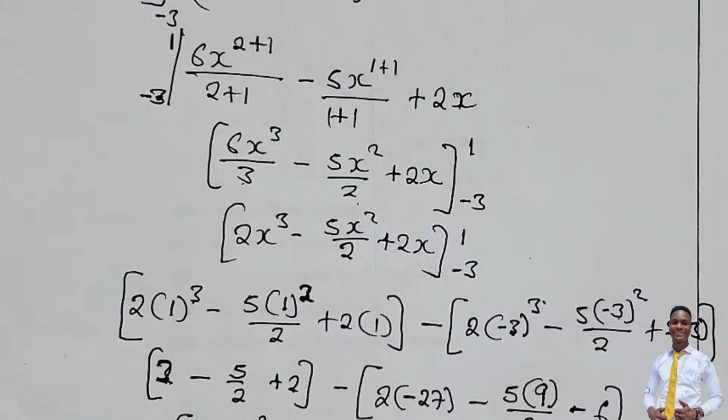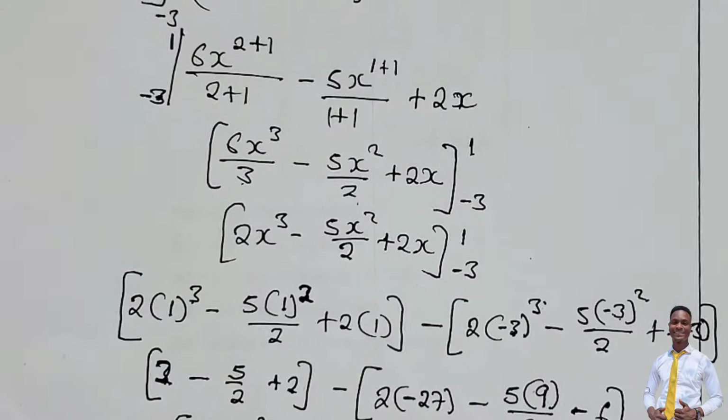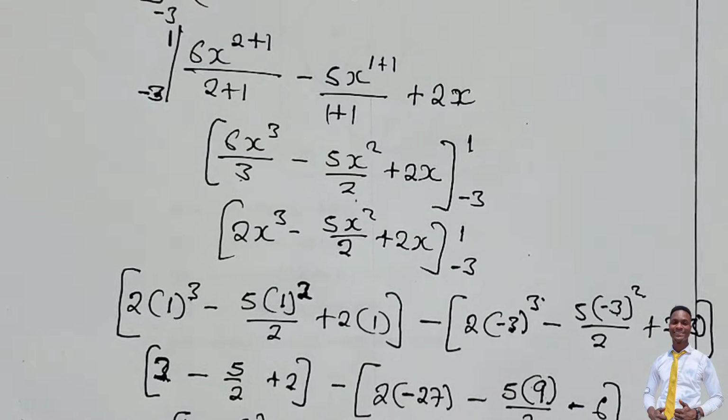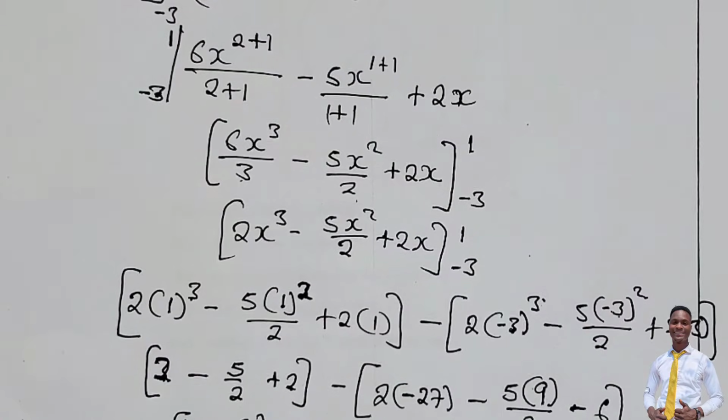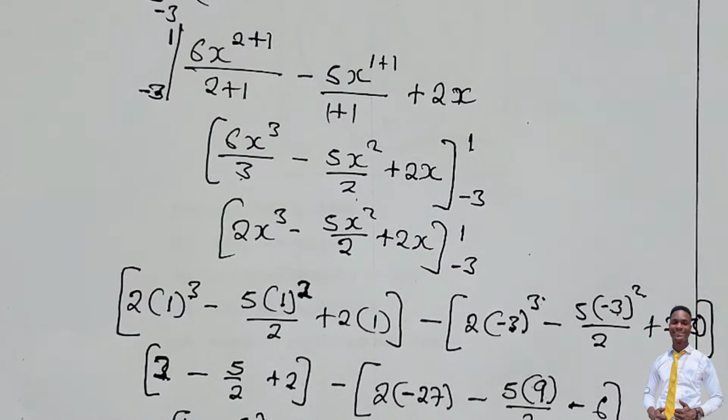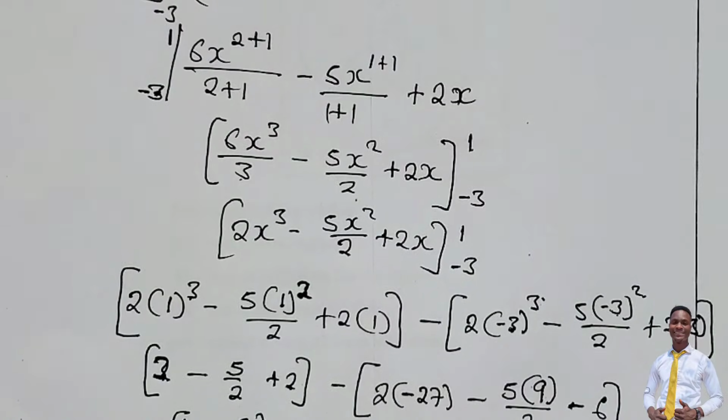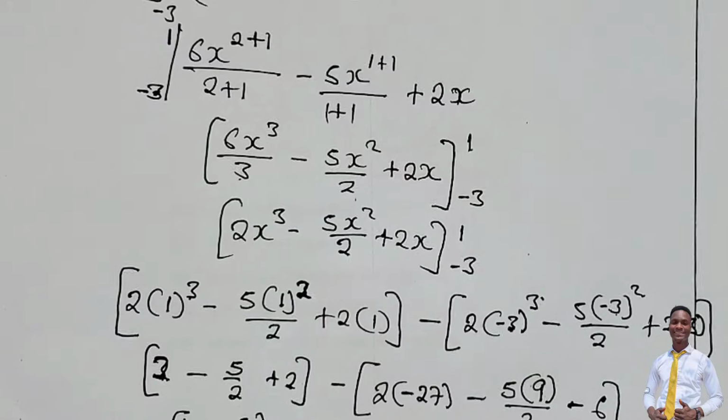What do we have this side? You have 2 times 27, which is just negative 54, negative 54, okay, minus, here we are having 5 times 9, it is 45 over 2 minus 6.